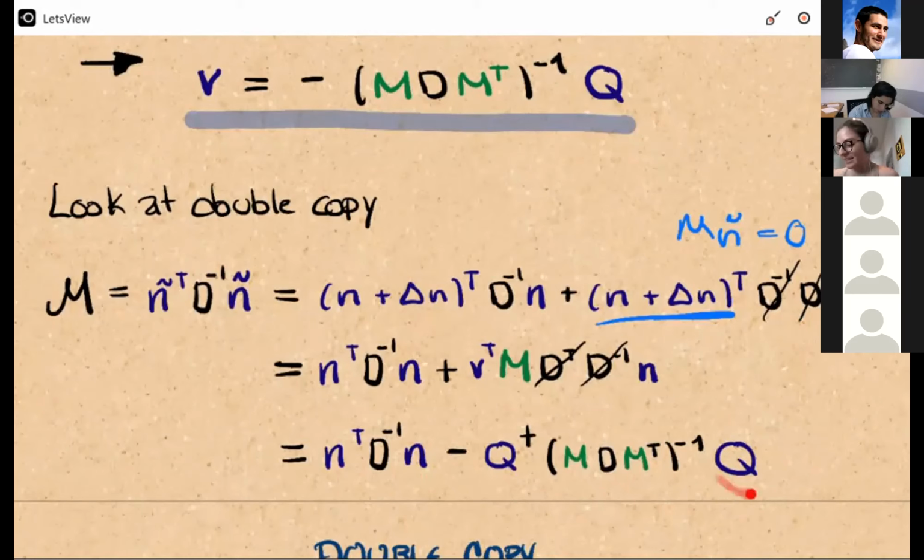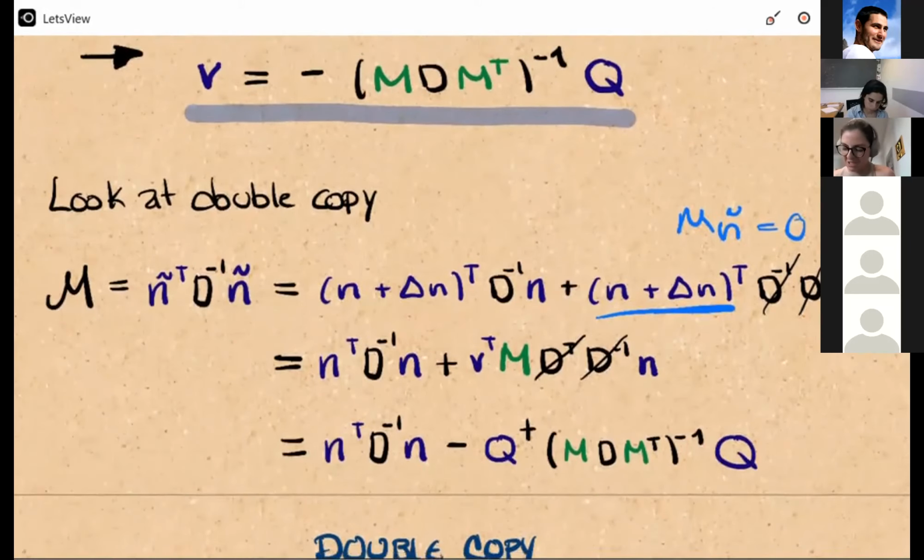So this is kind of like the breaking of color kinematics duality, which gives you this extra term. And then there's also this matrix over here that you require its inverse. So the question now is, okay, is this a reasonable double copy or not?